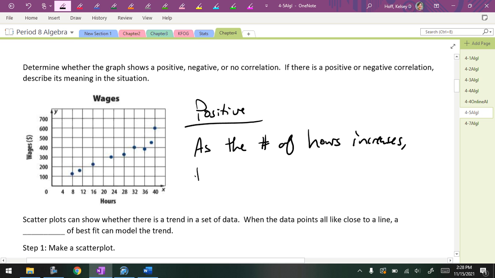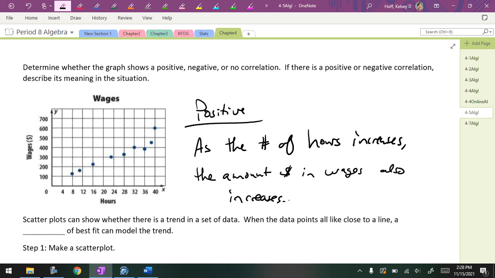The amount or dollars in wages also increases. As the number of hours increases, the amount or the money in wages also increases. As x goes up, so does y.